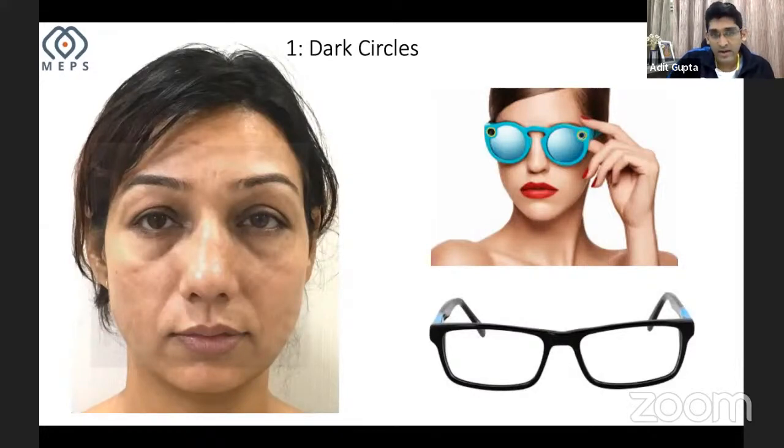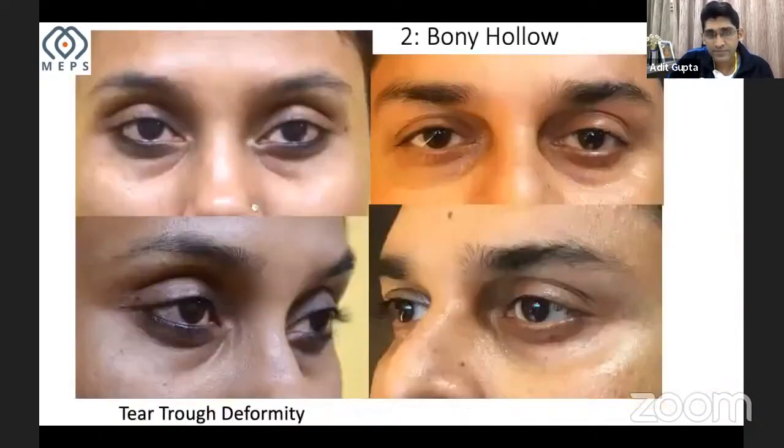Now, this young lady was referred to me because after her LASIK surgery, she noticed under-eye dark circles, and it was just a case of pseudo dark circle where she had a little bit of fat prolapse, and just with 1 cc of filler injections, we could achieve a good result. And once you make these patients happy, they keep coming back to you for further indications and further cosmetic therapies.